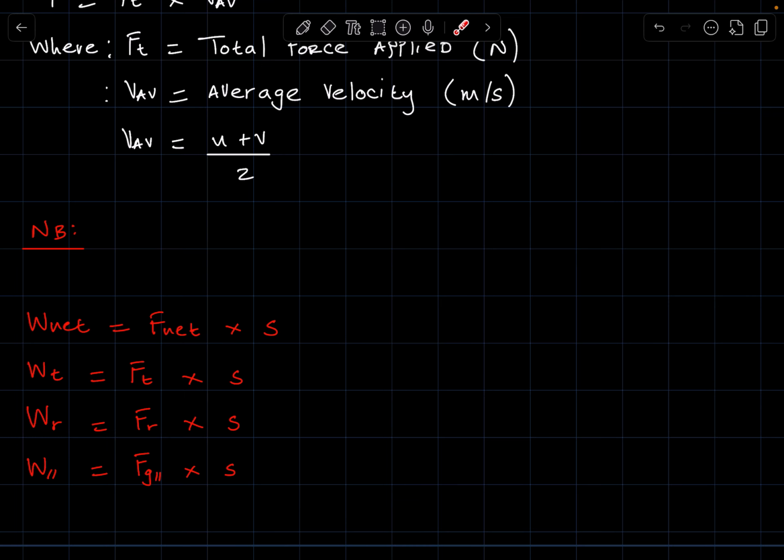So that is to say, these are just some of the ways you can express work done, and how you express work done will be due to the force that you are going to use. So if you're going to use F net, it means you're looking for the net work done. Or if you're looking for net work done, then the force you use is the net force.